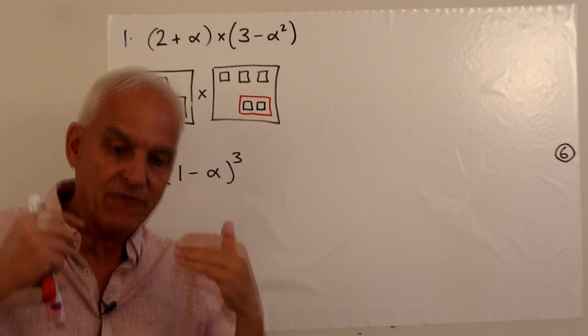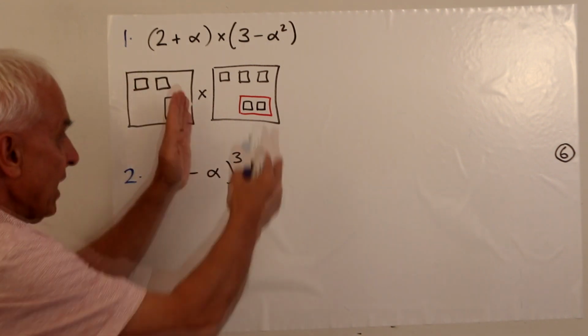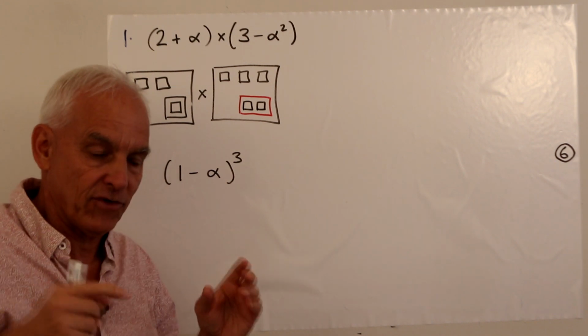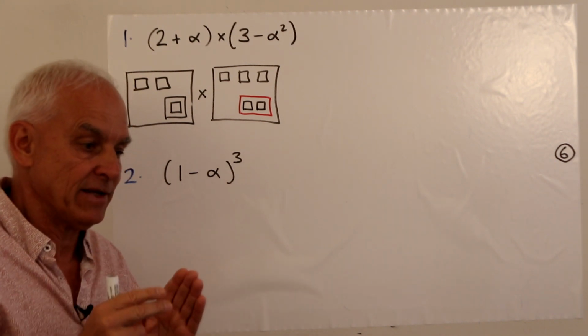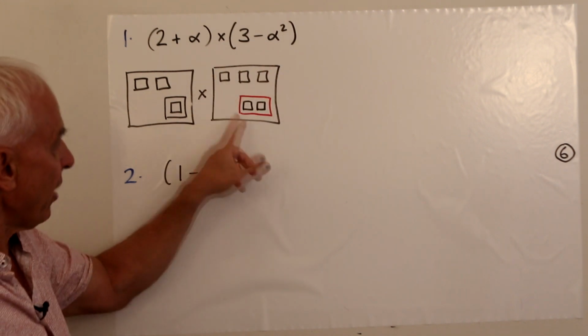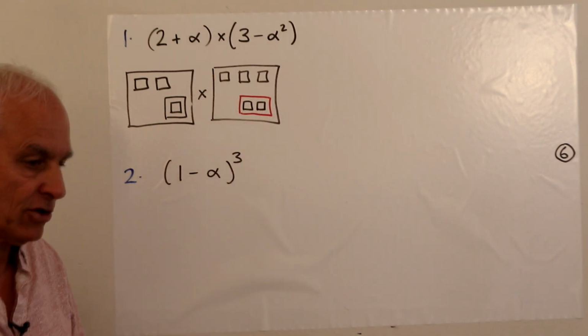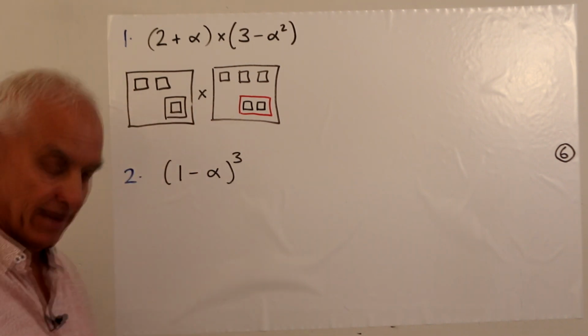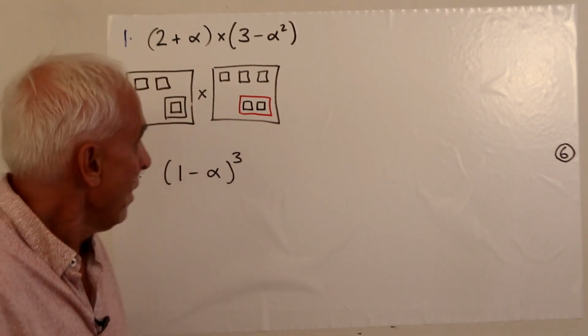So negative alpha squared, you get that by taking this thing here and changing the color of all the ingredients. In other words, replacing all the ingredients with antis. So the minus alpha squared is represented by this big box with a red box inside it containing 2 black boxes. So we could do the arithmetic at the box level.